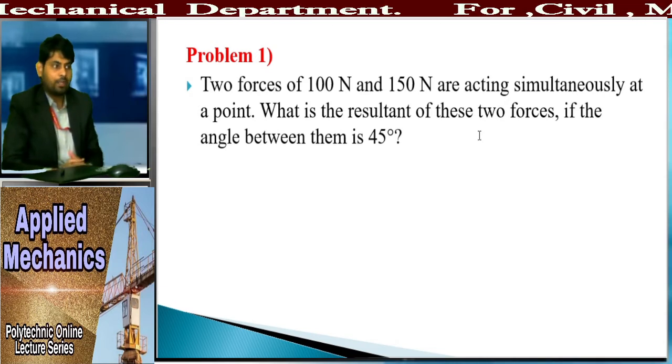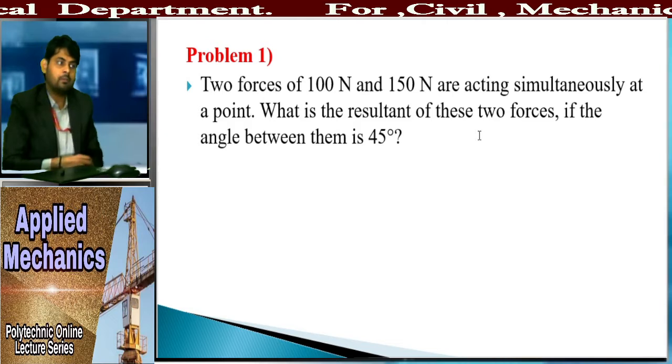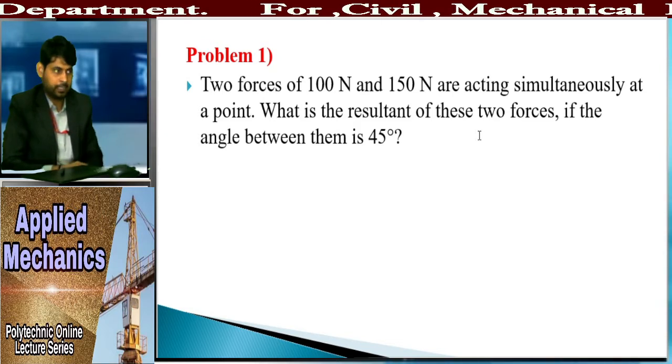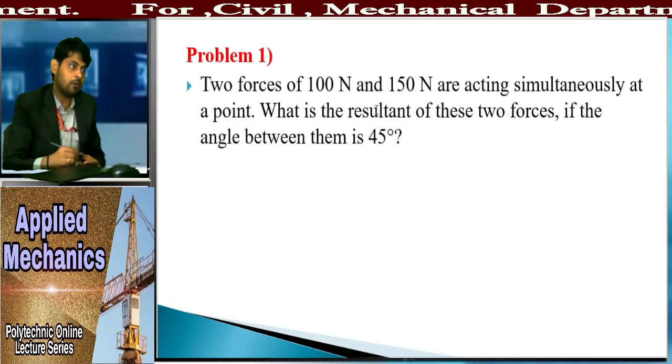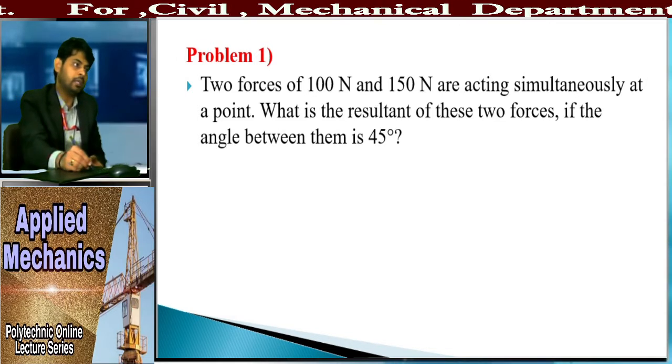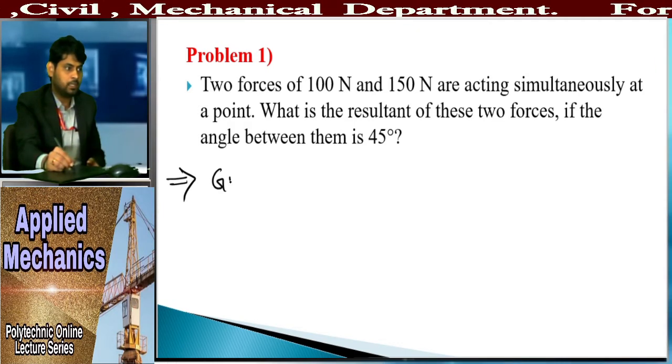What is the resultant of these two forces if the angle between them is 45 degrees? So first thing you have to do is find out the given data.